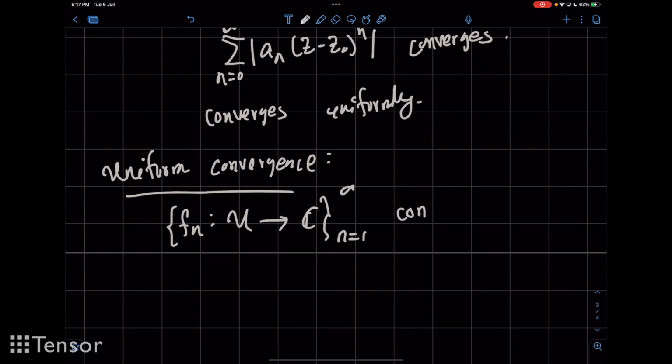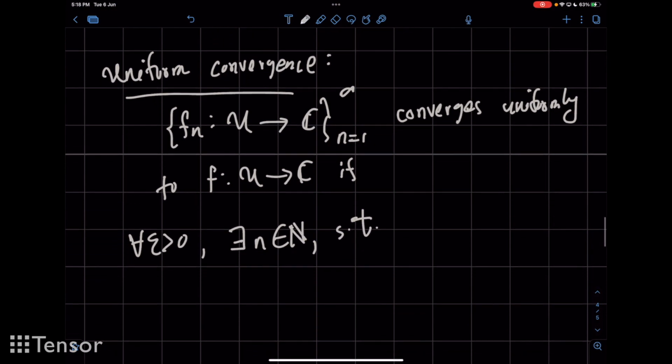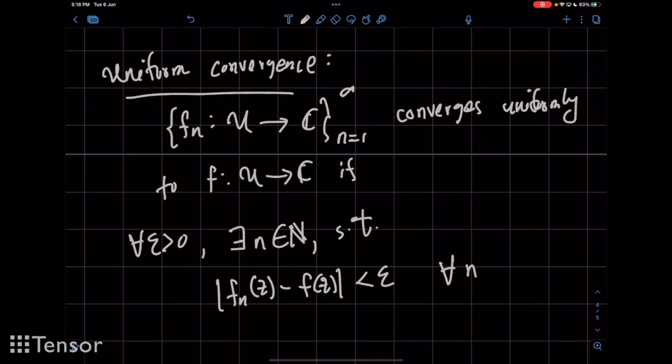This sequence converges uniformly to some other function f from U to C if for all positive epsilon, there exists some n, a natural number, such that the absolute value of f m of z minus f of z is smaller than epsilon for every m greater than n, and for all z belonging to the open set U. Note that this n and this m are not the same.